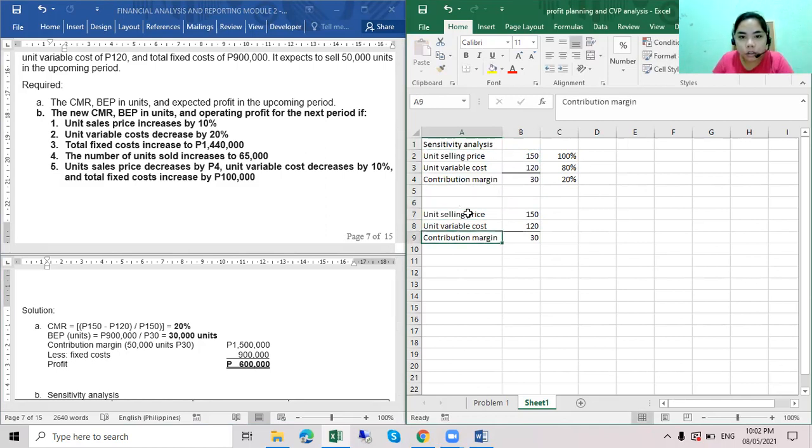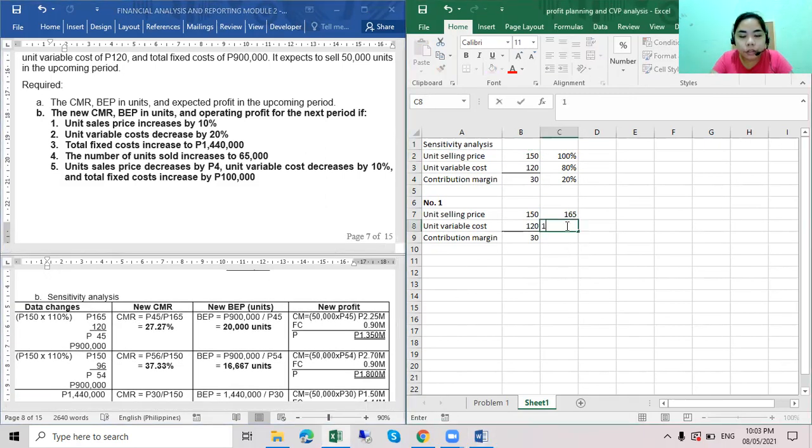Okay. Number 1, so you can see. So our unit selling price increased by 10%. So our selling price is multiplied by 1.10, because we increased 10%. So we have to add 0.10 to 1. Okay? So 165.